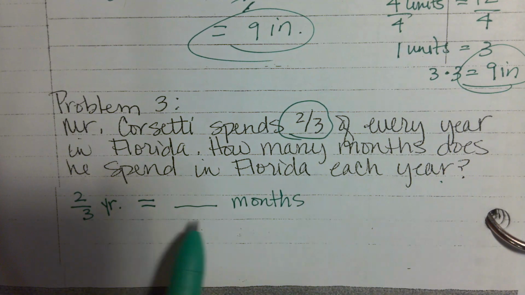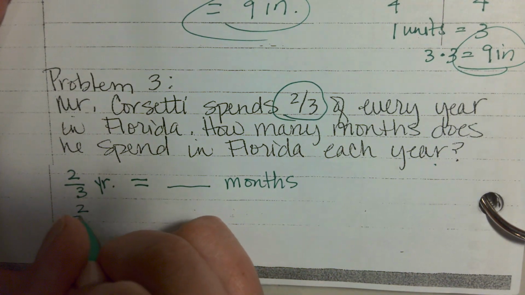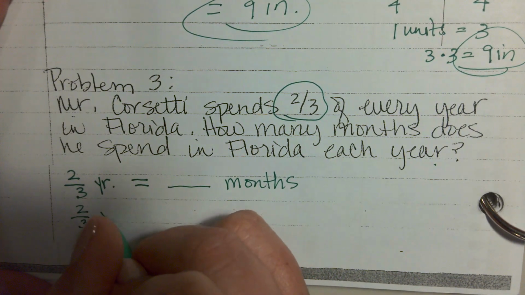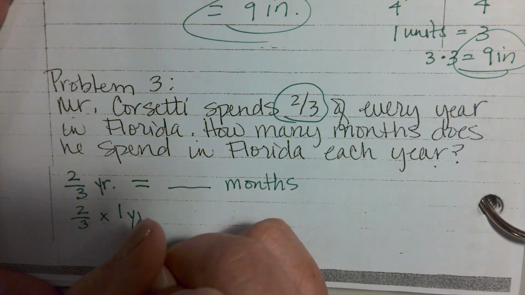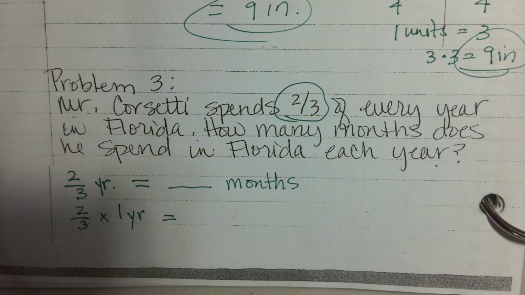So 2/3 of a year is equal to how many months? So if we write this, 2/3 times 1 year is equal to, now, big question, how many months are in a year? I really hope you just said 12.